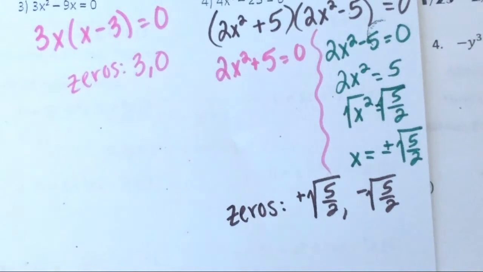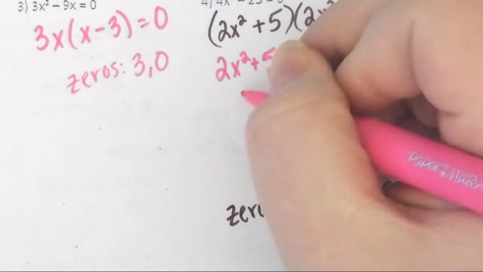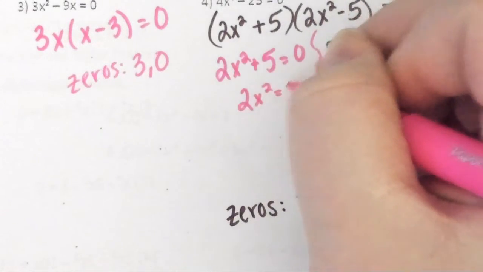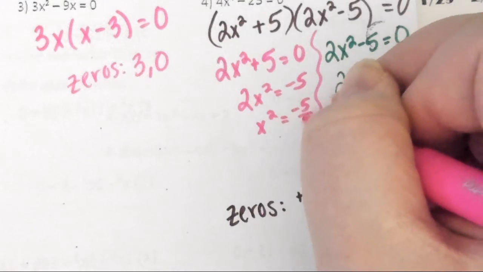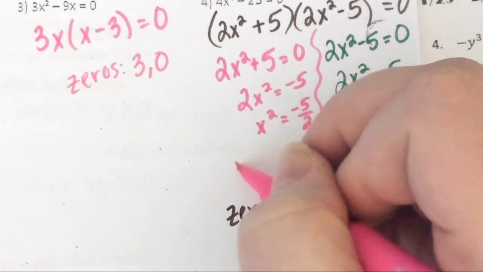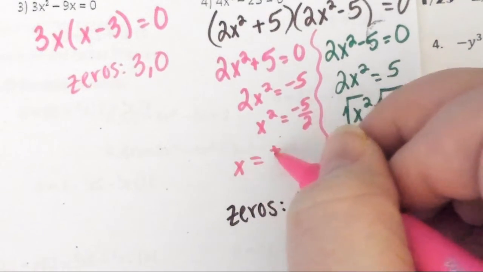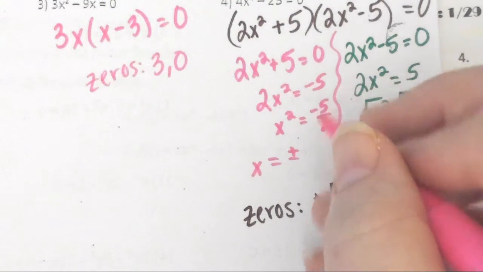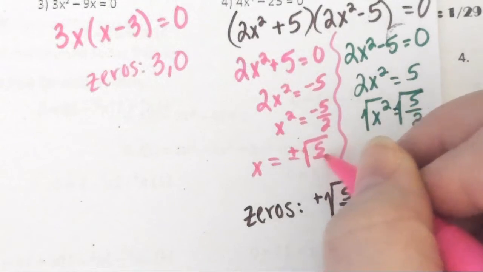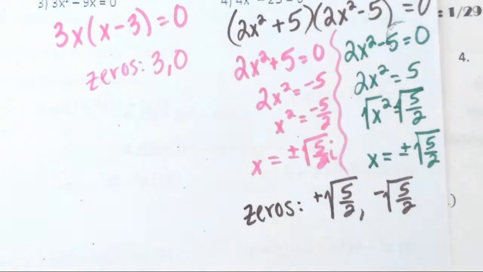Now to do the same thing with the pink. I subtract 5, I get 2x squared equals negative 5. I divide by 2, I get x squared equals negative 5 over 2. I take the square root of both sides, I get x equals plus or minus... 2 and 5, get the point.